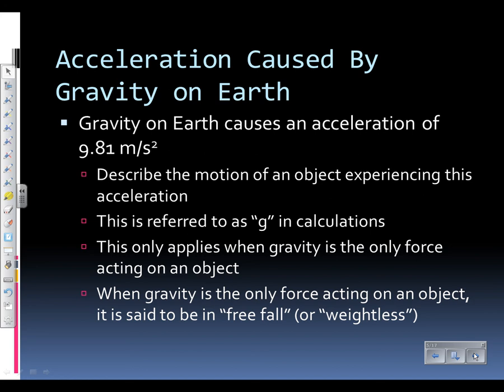So when we say that an object is experiencing 2 G's, that's an effect on their body similar to twice the amount of gravity acting on that object. Or 4 G's would be 4 times the effect that gravity would normally have on that object. So it's not so much that gravity changes, it has more to do with the situation, and it's kind of like a comparison: this is what it's normally like, and this is going to be like 4 times that. Does that make sense?